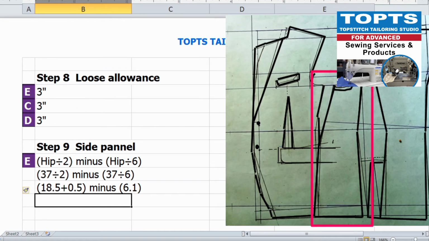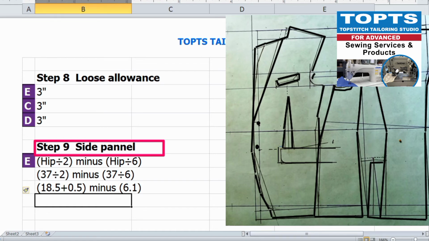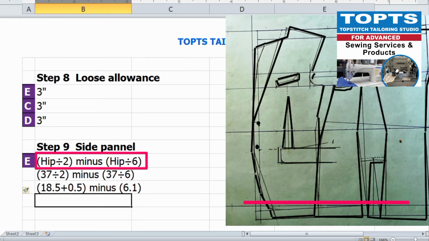Now the measurements of the side panel, you're going to go to line E. Line E, you're going to get hip measurements divided by 2. Now we are dealing with the side panel, how to get this side panel. You're going to go to line E, you get hip measurements divided by 2 minus hip measurements divided by 6. Case study of our table, the hip is 37 divided by 2 minus 37 divided by 6.